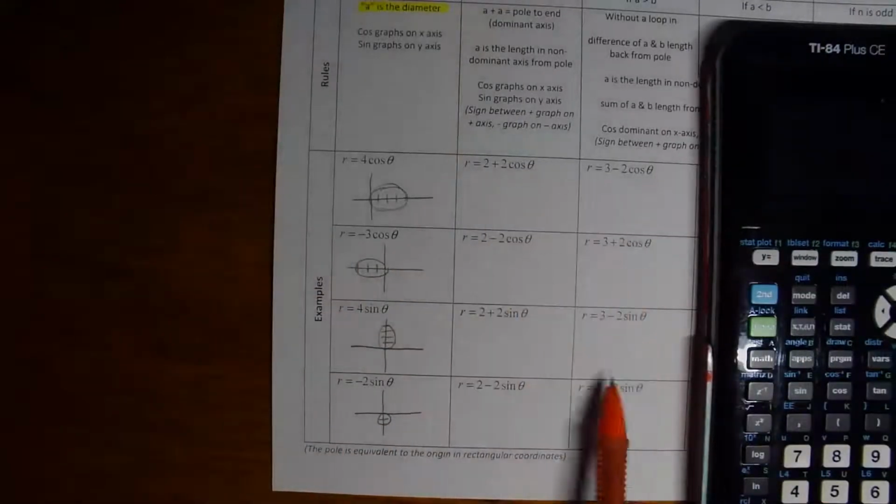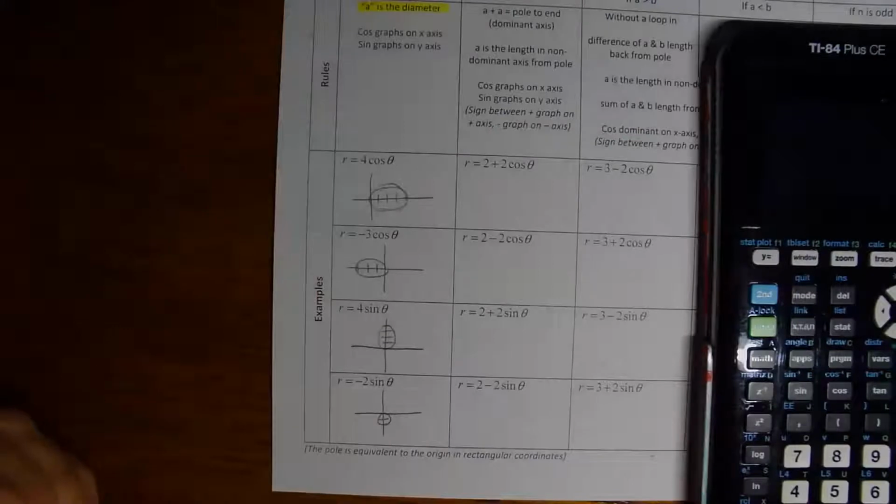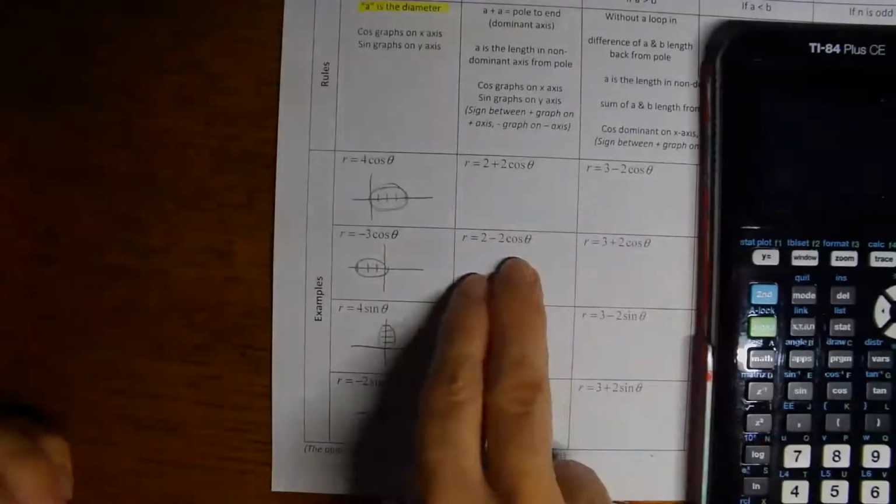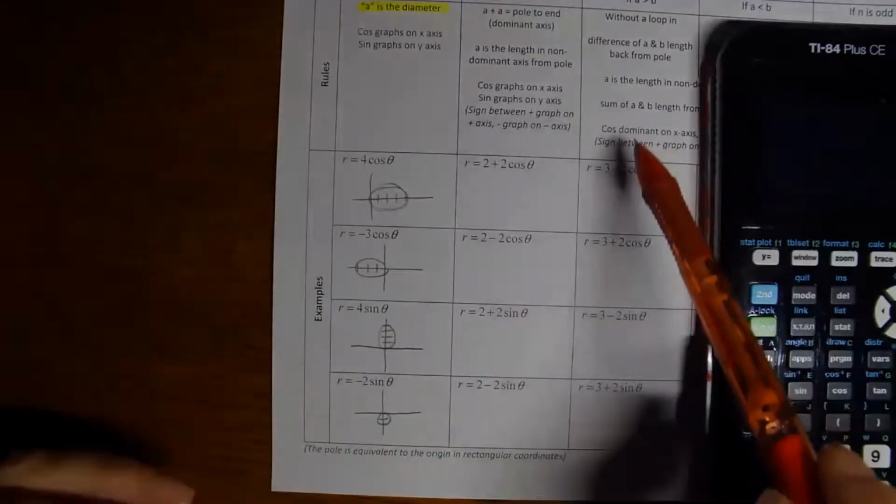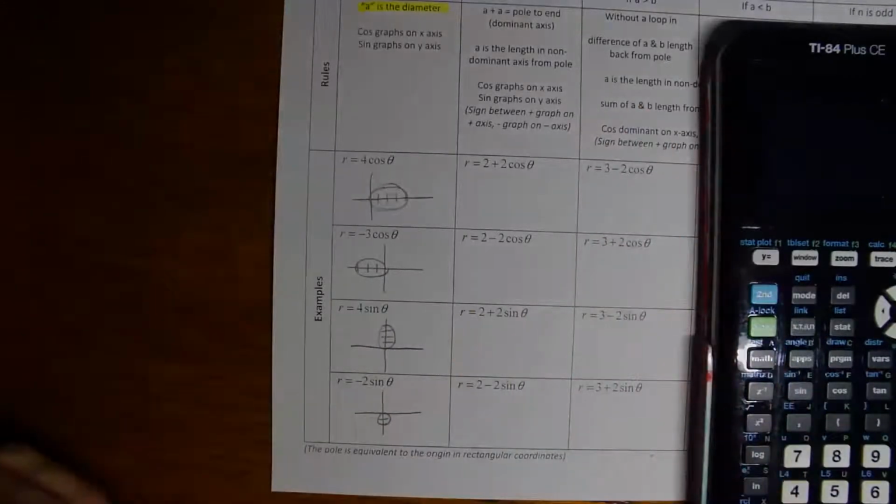Actually, let's compare these across. These two columns, tell me what you notice is different about this one and this one, and what you notice is different about this column.